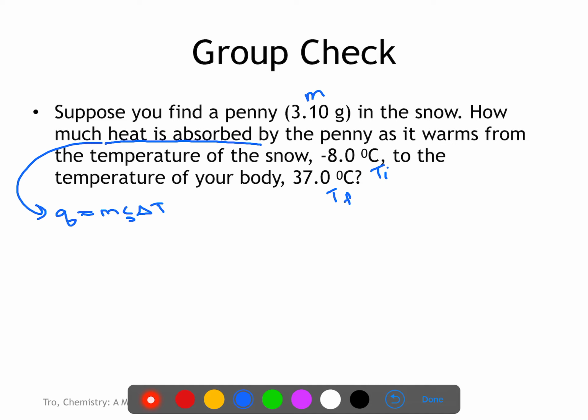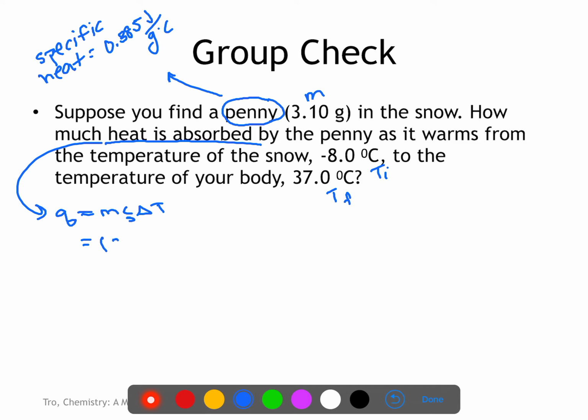I have my mass. Okay, so I'm talking about a penny, so I need to find the specific heat of copper. I would look this up, and it's 0.385 joules per gram degree Celsius. Now I have everything that I need.